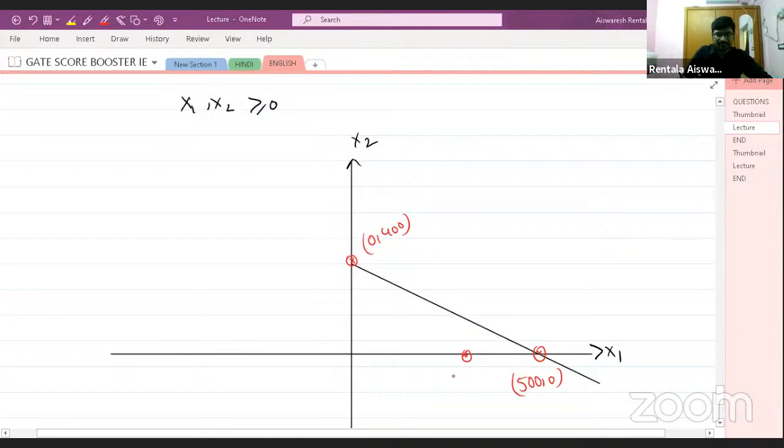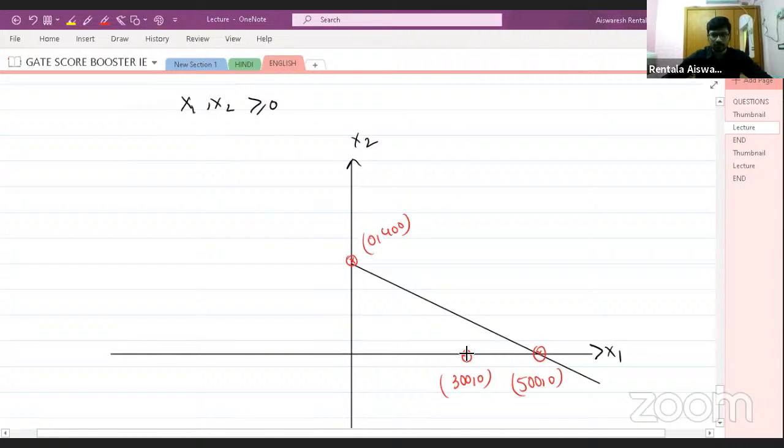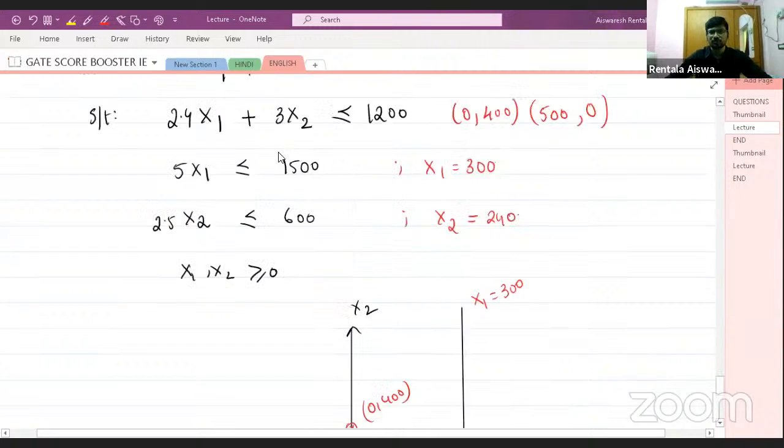So x1 equal to 300 is a straight line which is parallel to the x2 axis. So this is your x1 equal to 300 straight line. And x2 will be equal to 240.